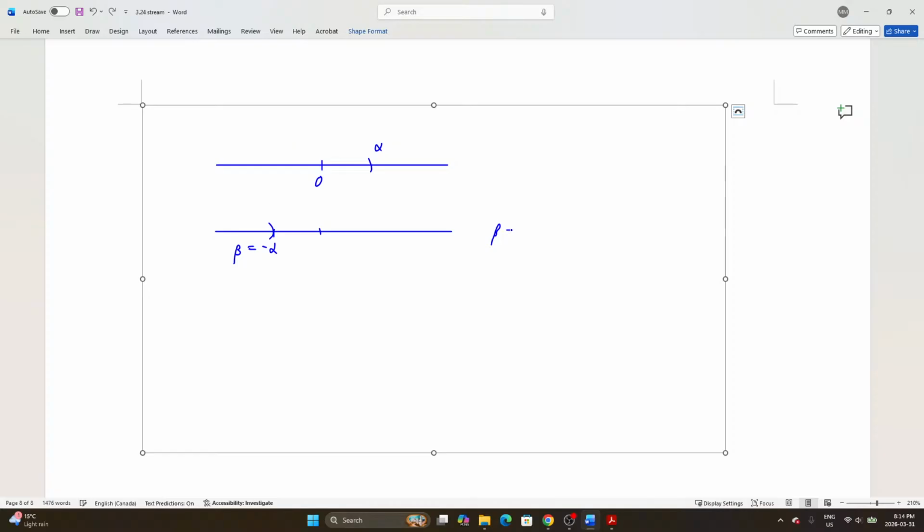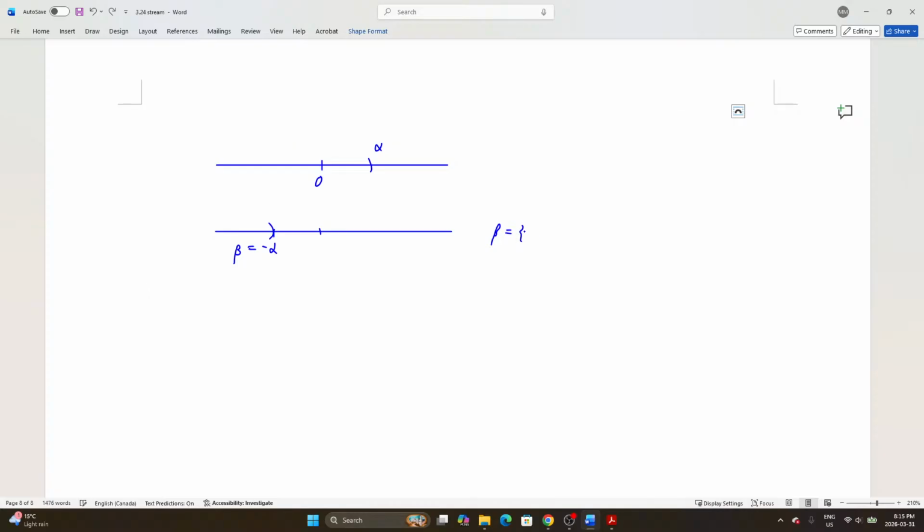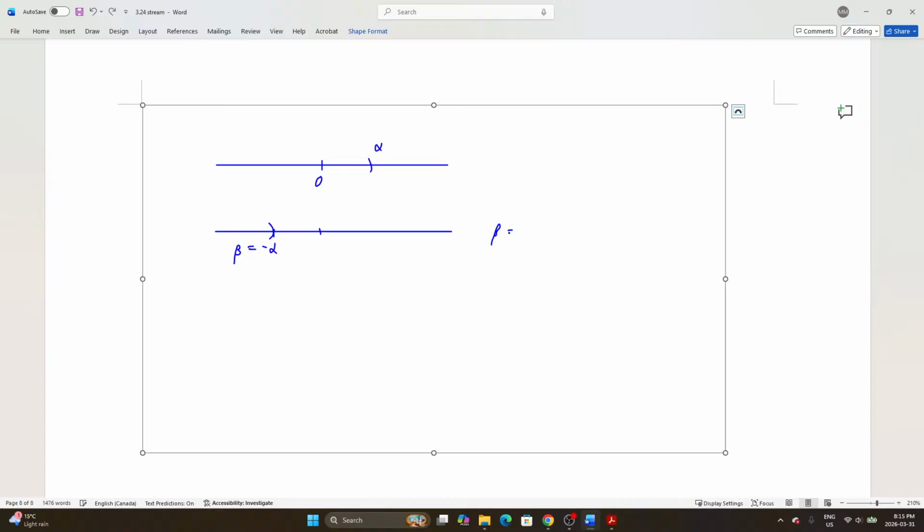Let's consider an arbitrary Q in beta. Let's first define beta and then prove it has the desired property. Let's say Q is here, so that means minus Q should be here.